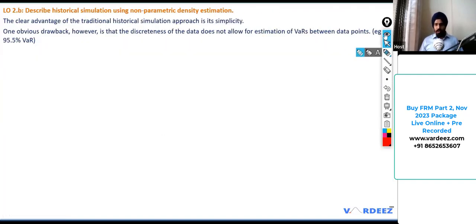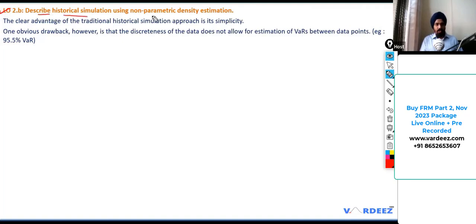Okay, moving on to the next learning objective, and that is to describe the historical simulation using non-parametric density estimation. So again, we are talking about historical simulation, but with non-parametric density estimation.